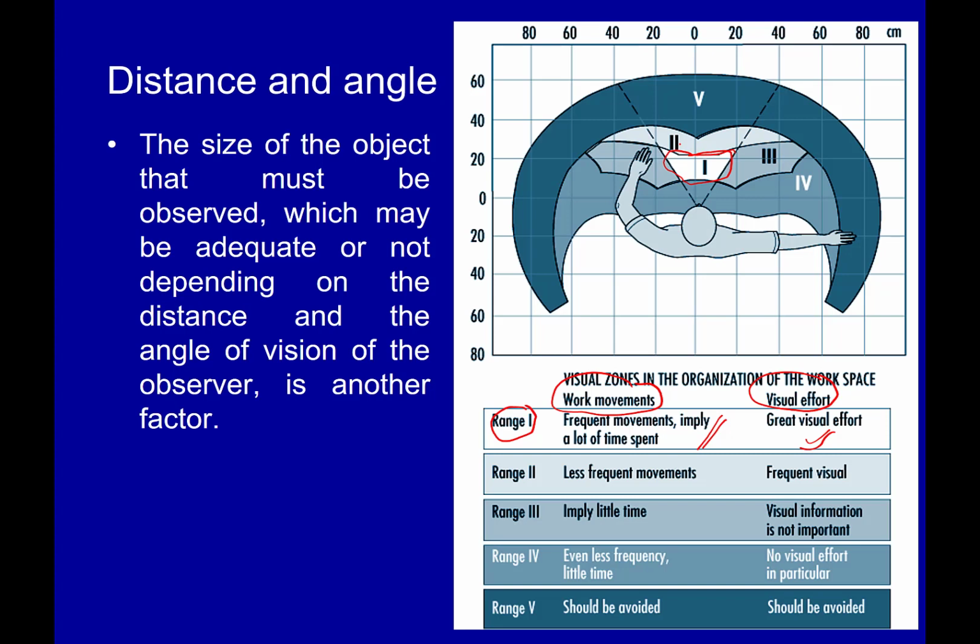So this is zone 1, and zone 2 is this, where there is less frequent movement and frequent visual effort. So this is a little wider. That is this one.